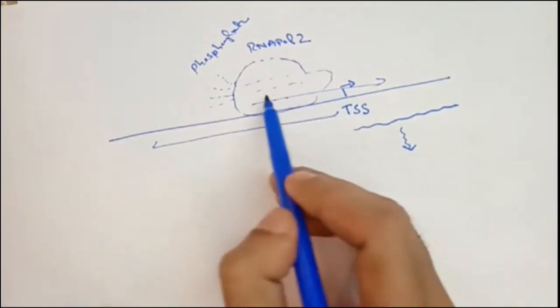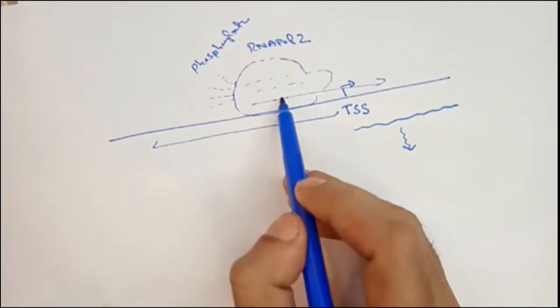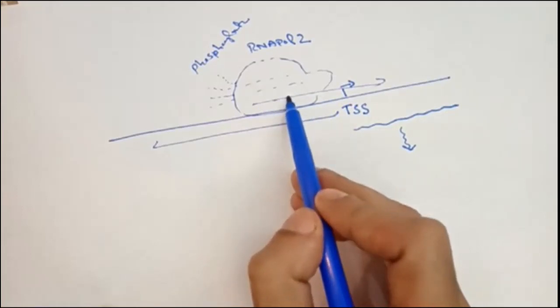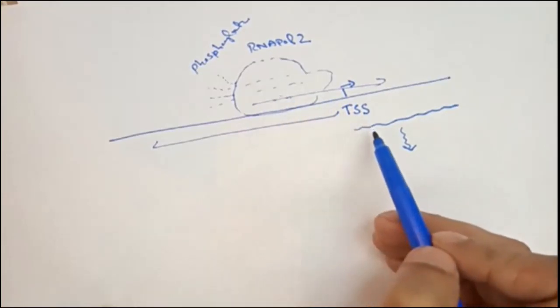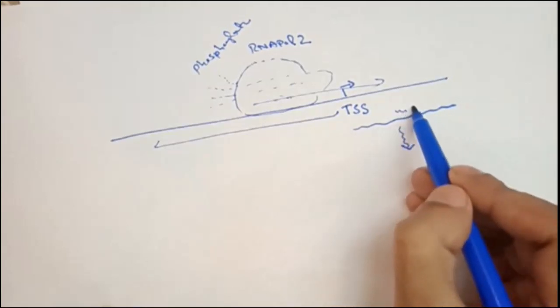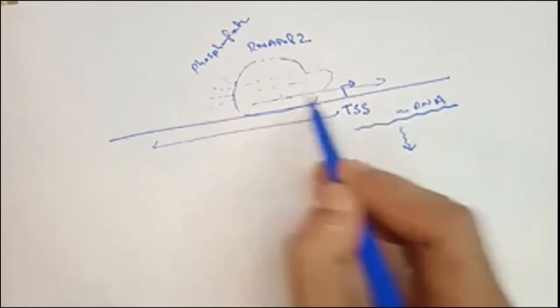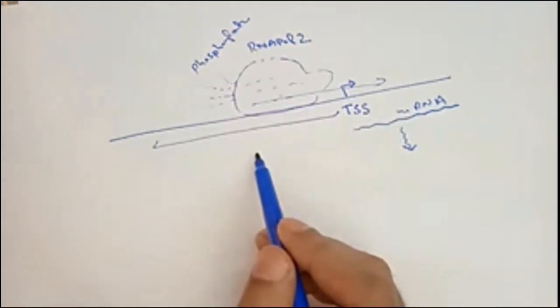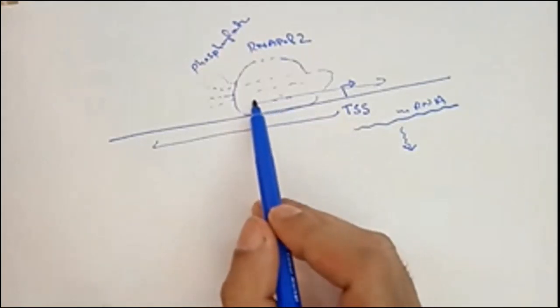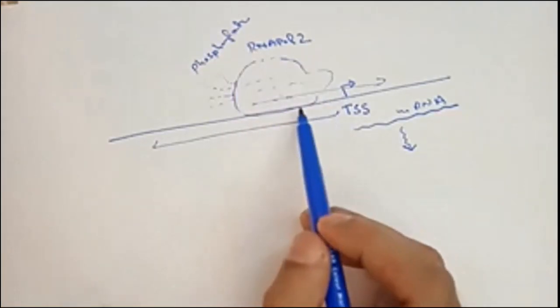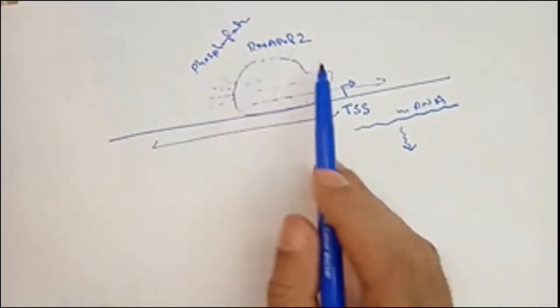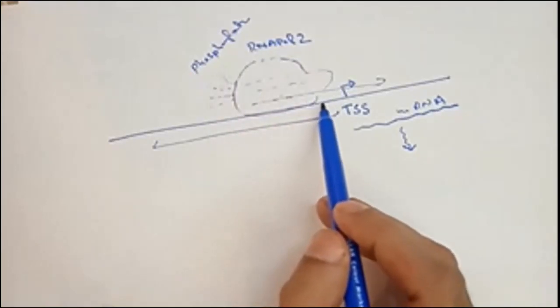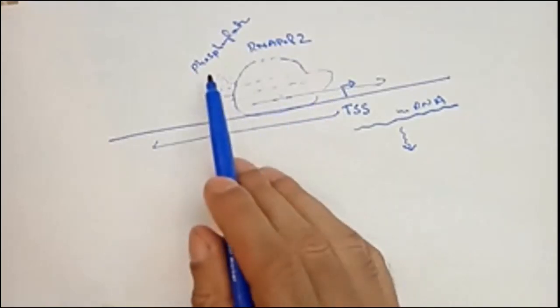After that, there is no way you can stop RNA pol 2 from executing its function, that means the production of messenger RNA. The gene will be expressed after that. And the active functional conformation of RNA pol 2 is when it sticks to the place just above the gene and gets phosphorylated.